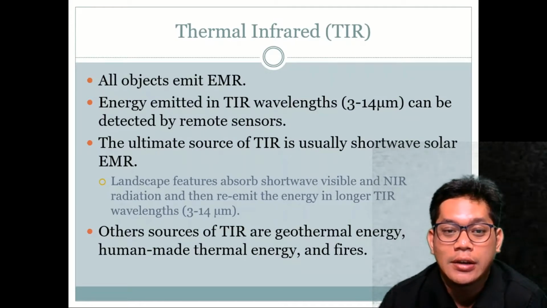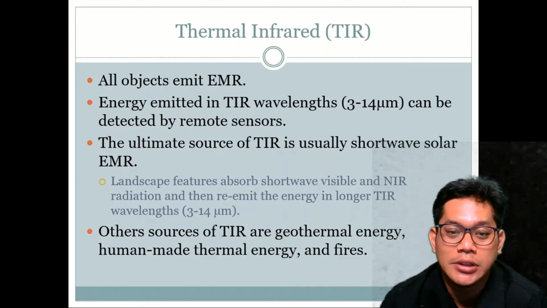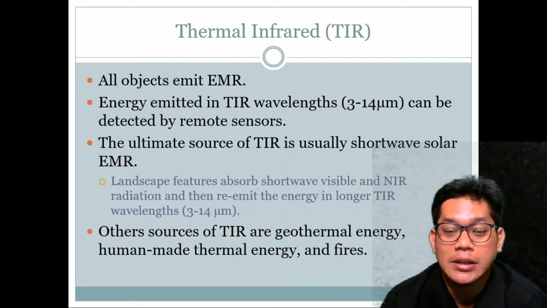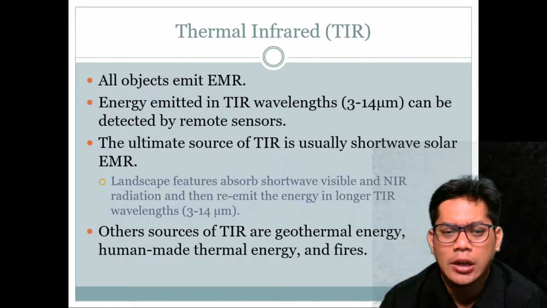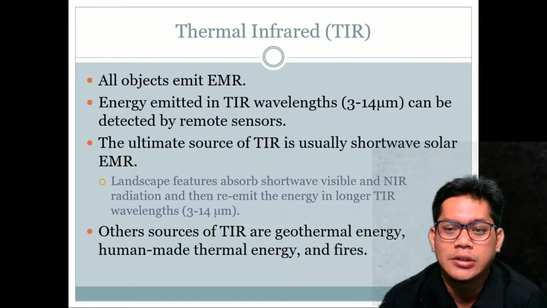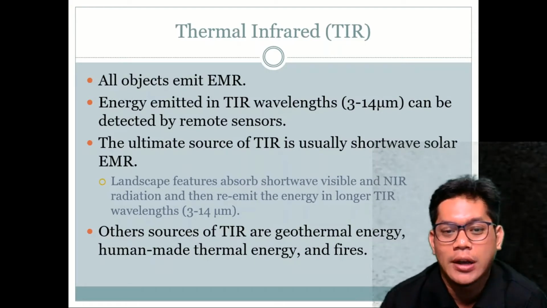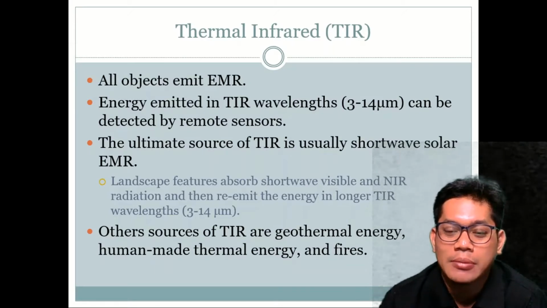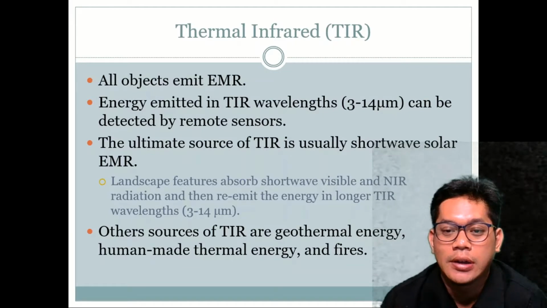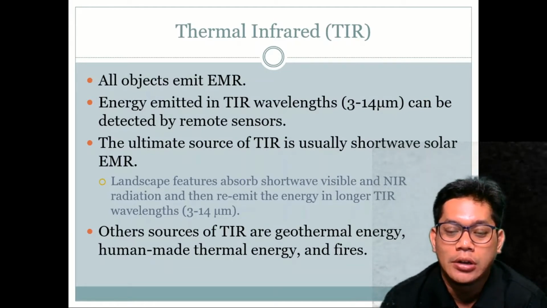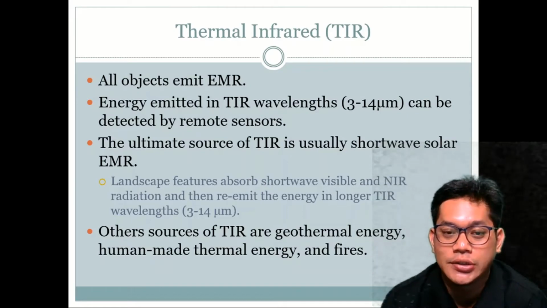This energy is able to be detected by remote sensing basically when the energy is big enough to be detected. The ultimate source is the shortwave solar EMR. So the energy that comes from the sun, certain properties on the Earth are able to absorb, such as concrete surfaces, tarmac, buildings, and many more.